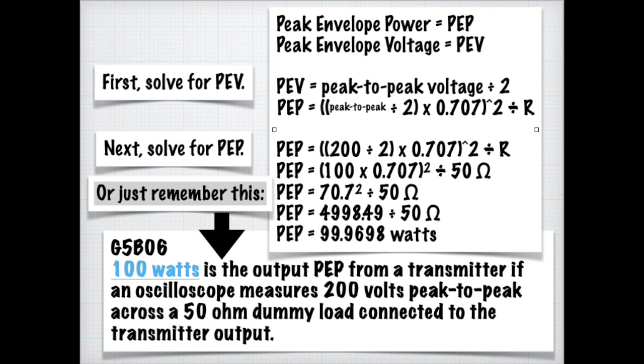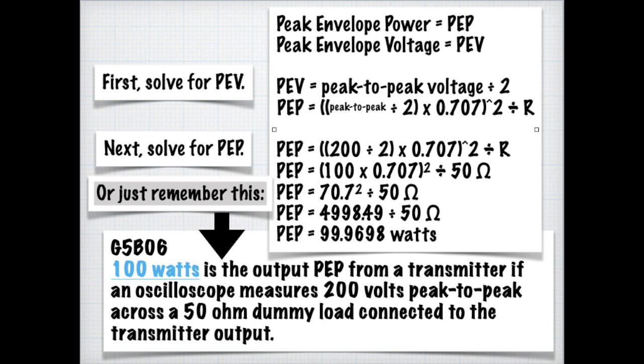In order to solve for the peak envelope power, we have to first solve for peak envelope voltage, and that's a simple formula: peak to peak voltage divided by 2. Easy enough, right? Then for the peak envelope power, we have to remember the formula is peak to peak divided by 2 times a factor of 0.707, like an airplane, 707.